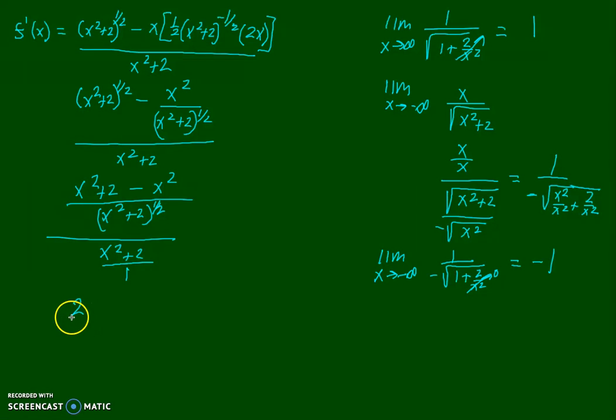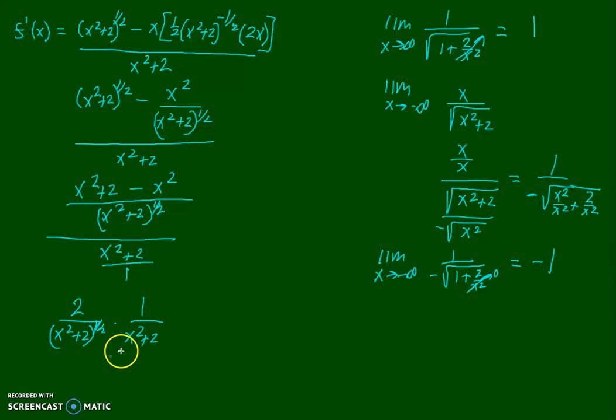So I have 2 over (x squared plus 2) to the 1/2, that's this piece, times 1 over x squared plus 2, that's this piece.